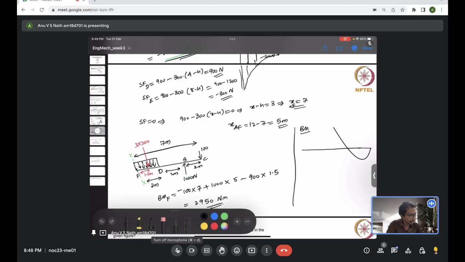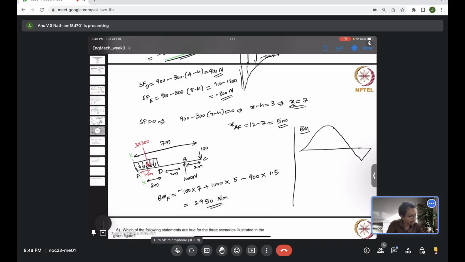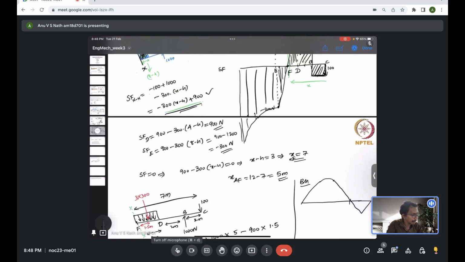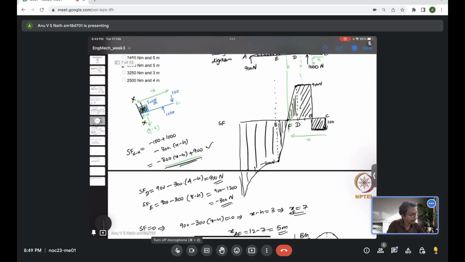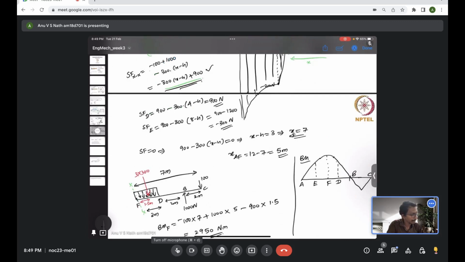Okay, there's a correction. Like this. So we have this point, which is B, and this is C, and the point where the maximum bending occurs is F, and yeah, this is point E and this is point A. So from E to A it will be a cubic polynomial.